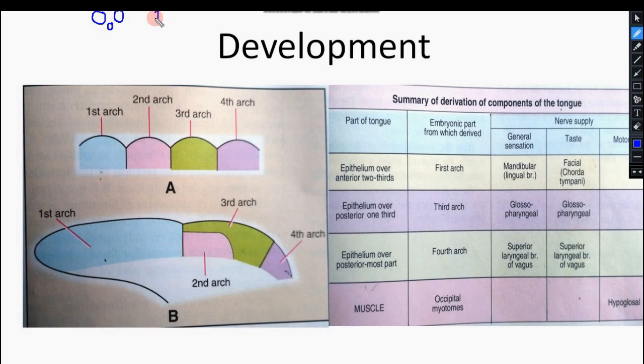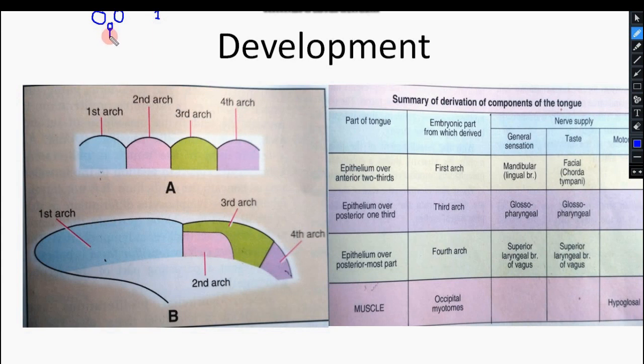On the posterior aspect of the tuberculum impar is the foramen cecum.